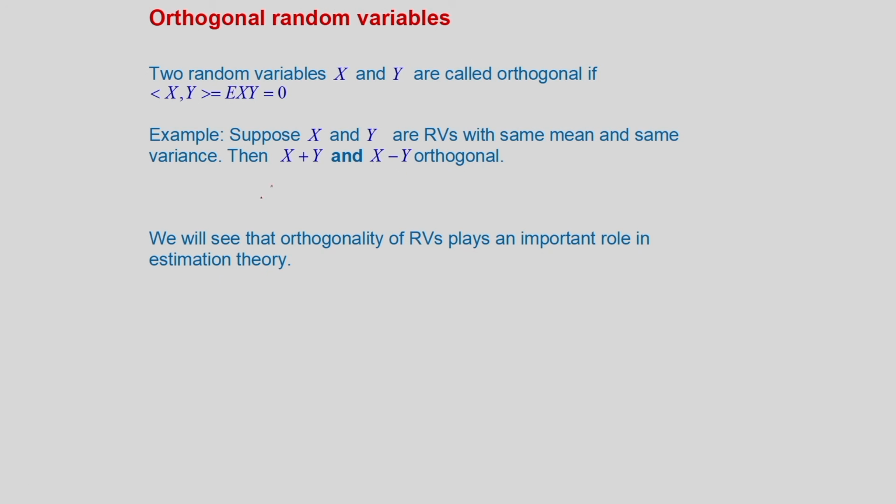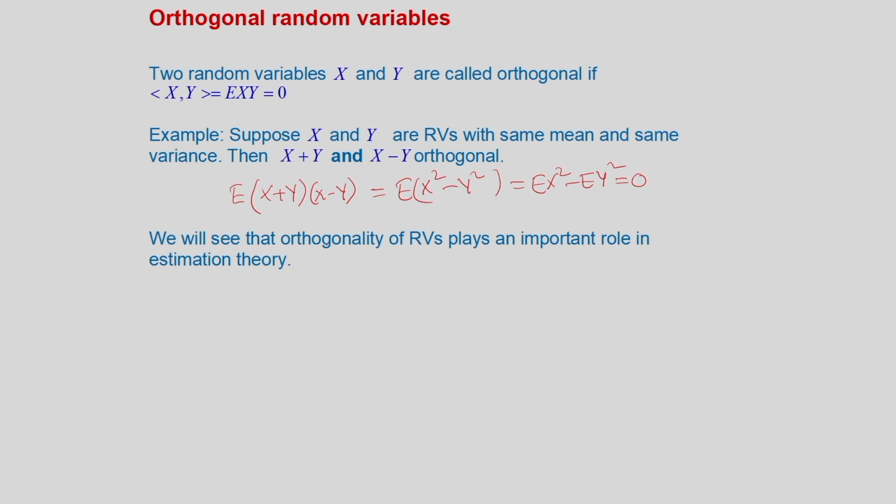Suppose E of x plus y into x minus y, that is equal to E of x square minus y square, that is equal to E of x square minus E of y square. Now, since both have the same mean and variance, E of x square and E of y square are equal, so that will be equal to 0.